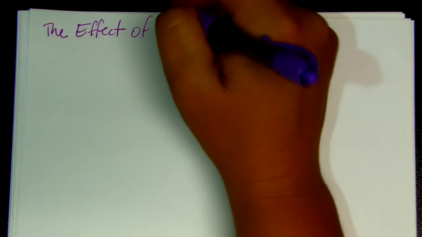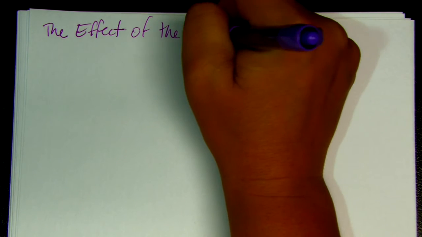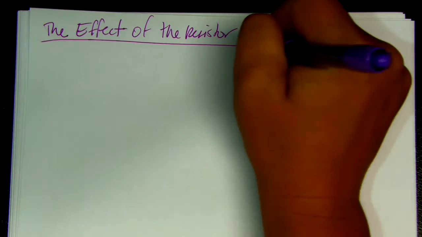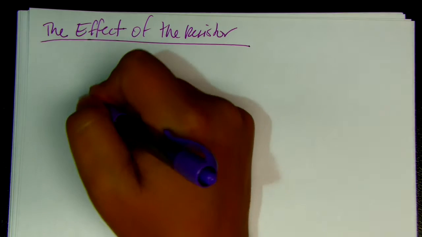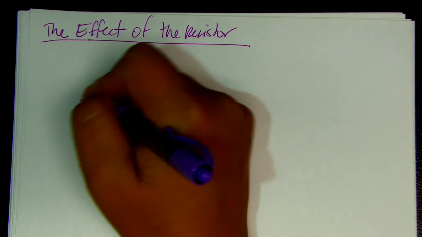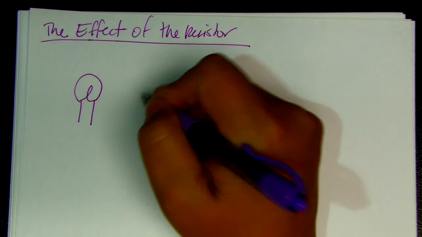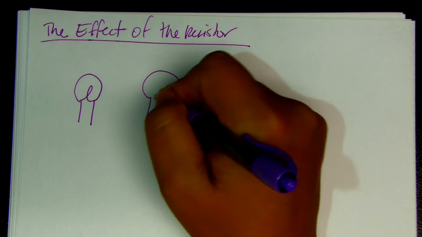So moving on with our discussion of RC circuits, so these are circuits with capacitors in them. Let's think about what would happen if we put a resistor in the circuits, which is what we have been doing, if that actually changes anything. So you could have a light bulb with a thin filament, or you could have a light bulb with a thick filament.